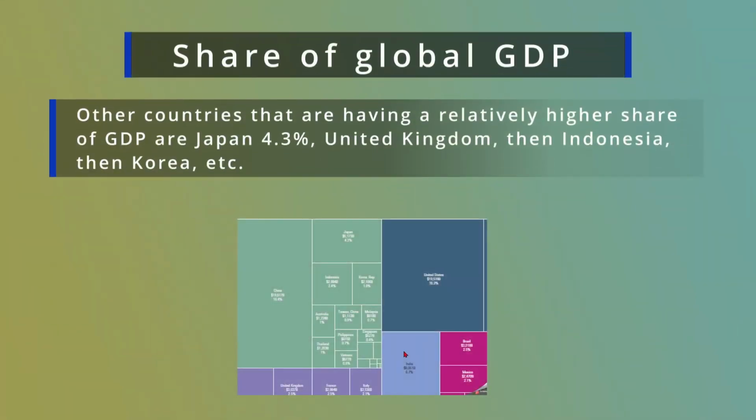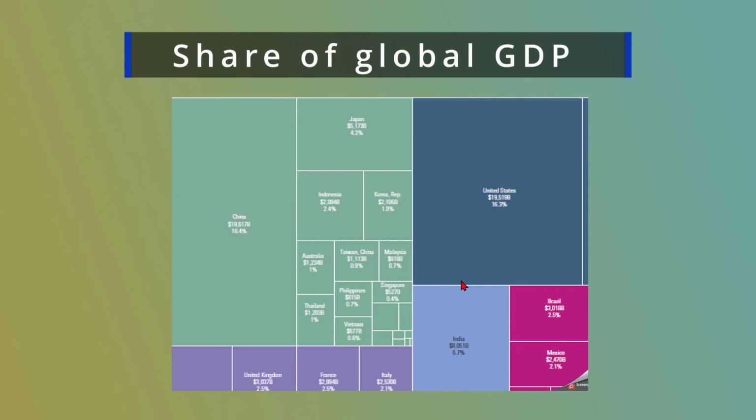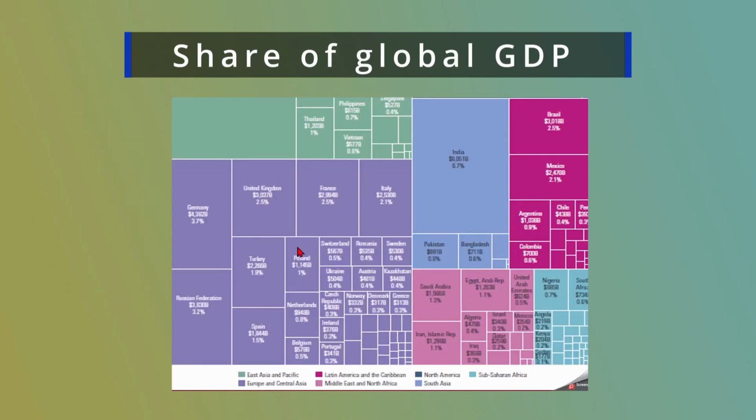Other countries that have a relatively higher share of GDP are Japan at 4.3%, United Kingdom, then Indonesia, then Korea, etc. Germany, the share of Germany is also relatively higher.